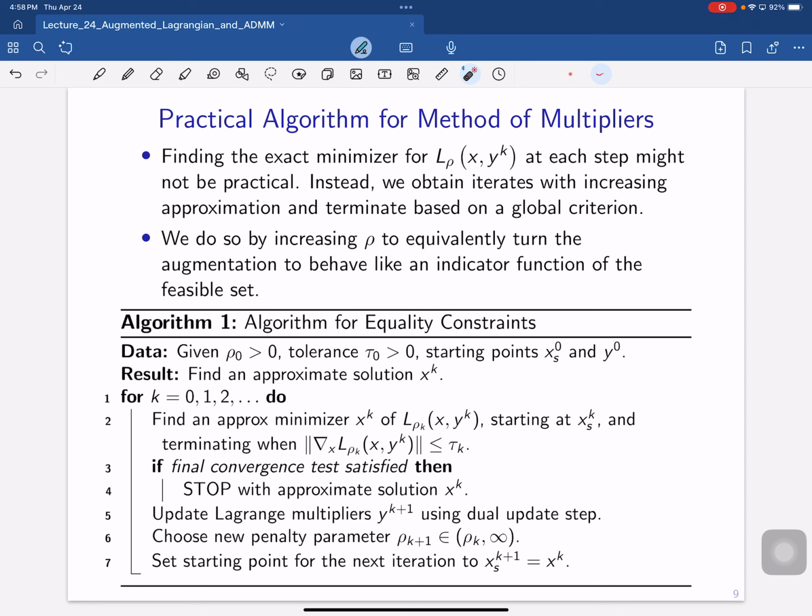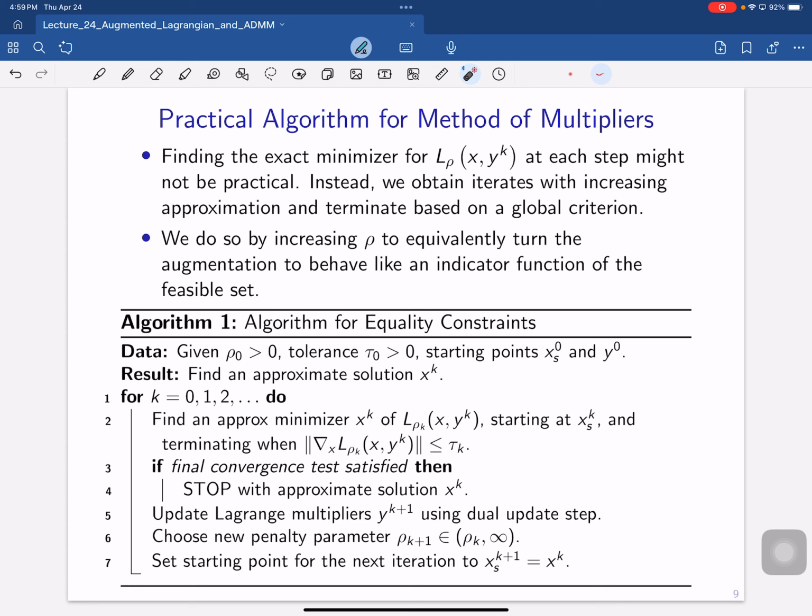You will start with some rho, and for the next iteration, you will choose rho k plus 1 to be between rho k and plus infinity. There are different types of heuristics you could use. You can make rho have some sort of exponential growth or linear growth, and so forth.